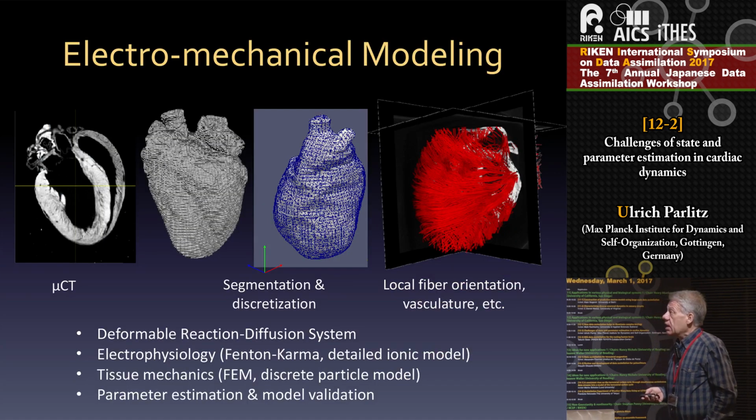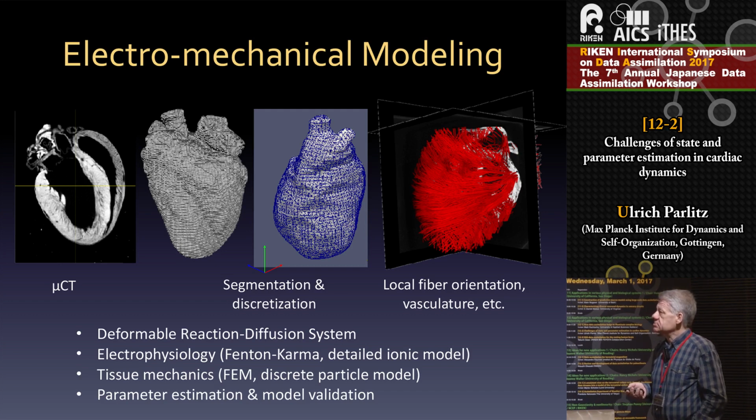Okay. Now, if you have chosen your model, you can start to build up the full model. You take a CT of the geometry. You have a mesh, which is, of course, in the end a deformable mesh, and then you can also add fiber direction because the conductivity in the heart is different in different fiber directions.